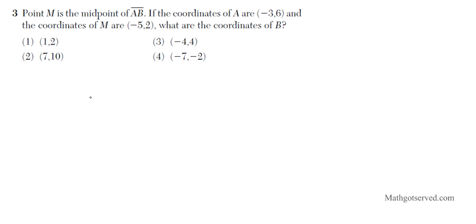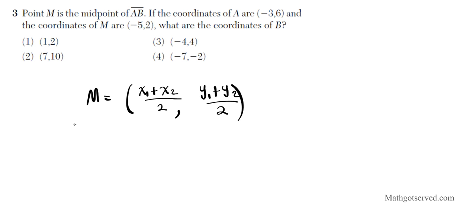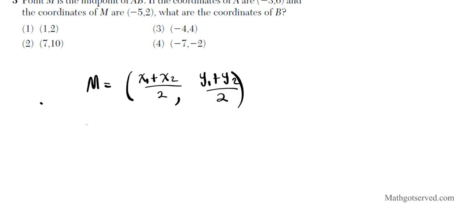So the midpoint formula M is given by (x1 plus x2 over 2, y1 plus y2 over 2). To be more specific, let's write it as a coordinate.